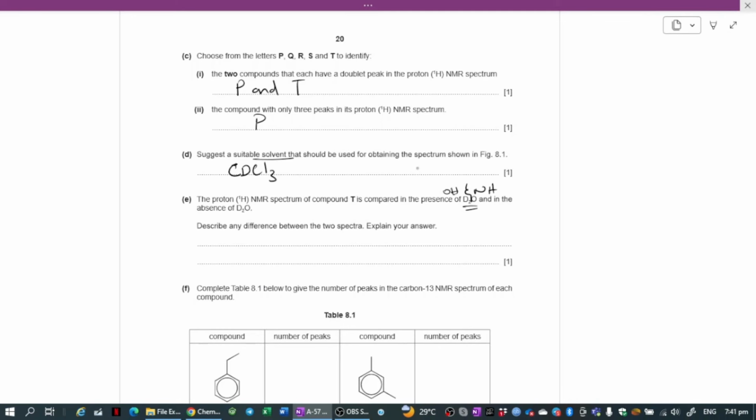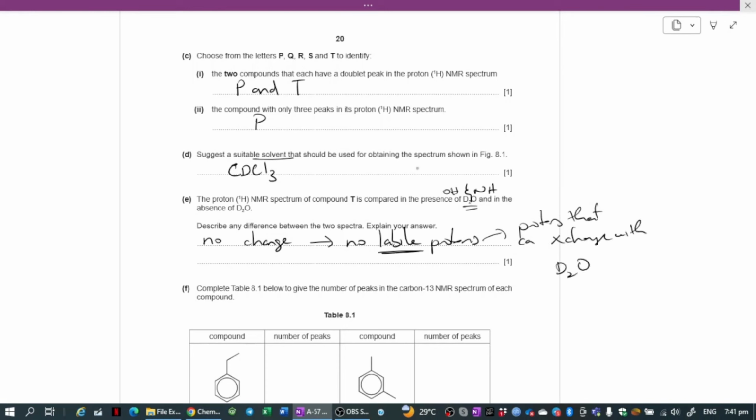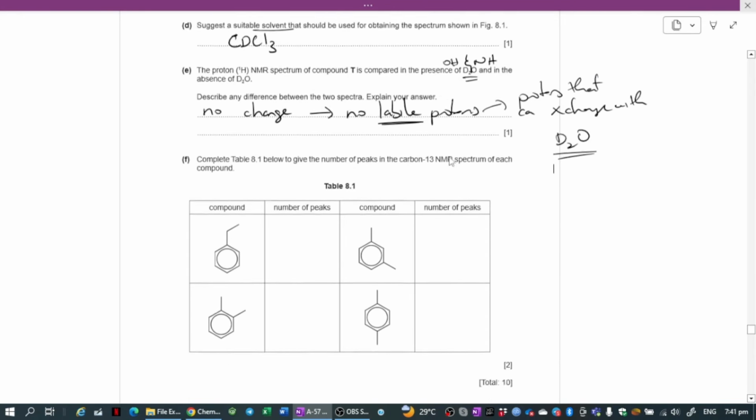We have neither of those in our structure, so there would be no change in the spectra. And the reason is we have no labile protons, right? And what is labile? A labile proton simply means a proton that can exchange with D2O, right? That's what we mean. So that is what would happen here.